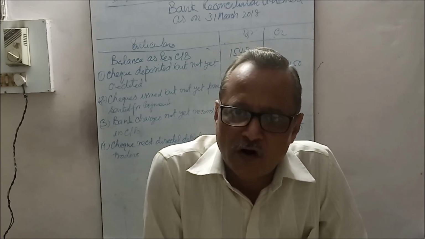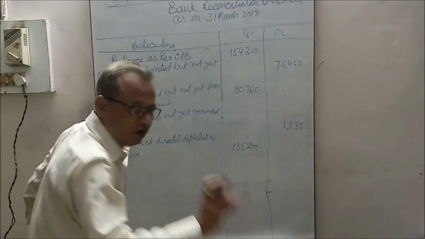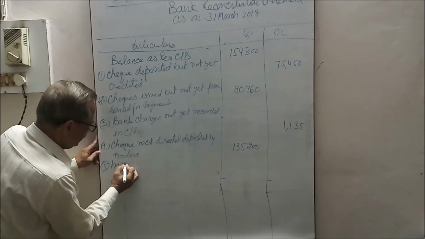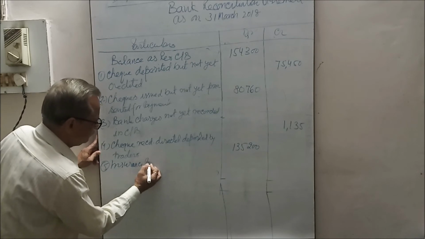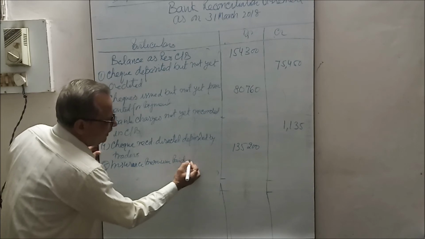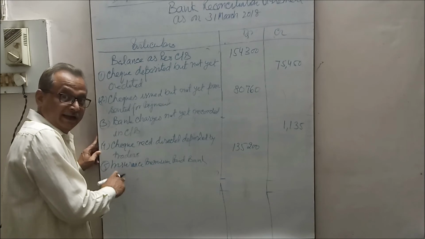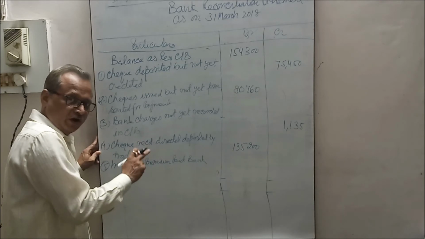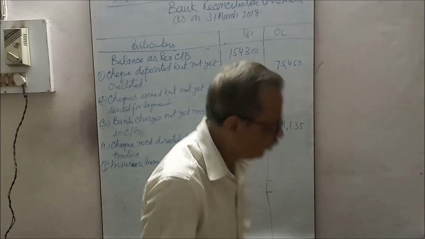As per standing order, the bank has debited the passbook, so it should be credited in the cash book, but it was not credited. All payments should be recorded on the credit side of the cash book. So that should be credited, and that is 15,400.